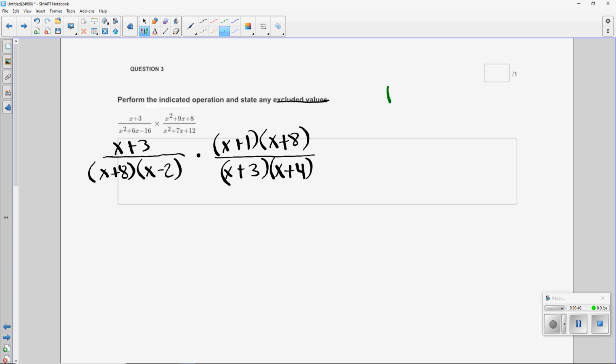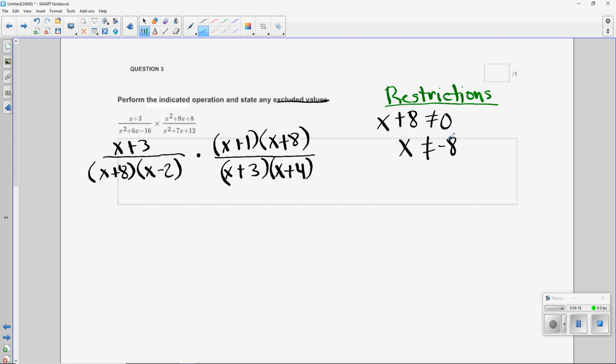So again, at this point, we want to do restrictions before we cancel, but after we factor the bottoms. So to get the restrictions, we're going to take each factor that has a variable in it, and we're going to set it not equal to 0. So that's our first factor. If we solve that for x, we subtract 8 from both sides.